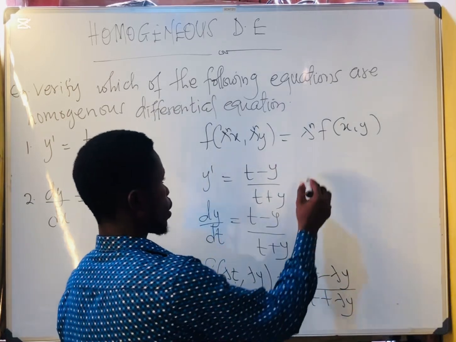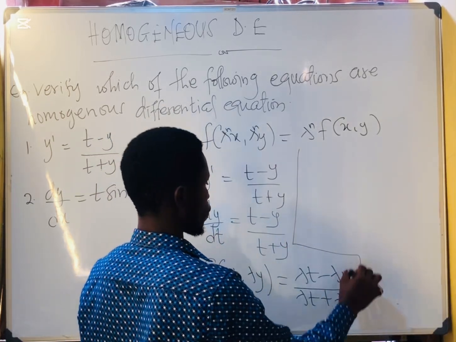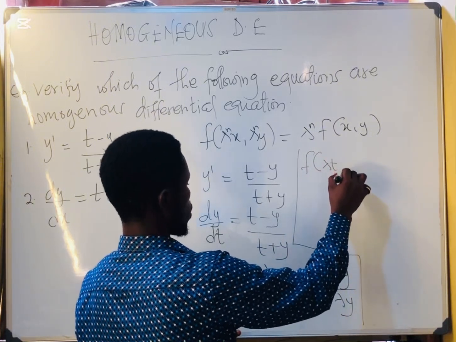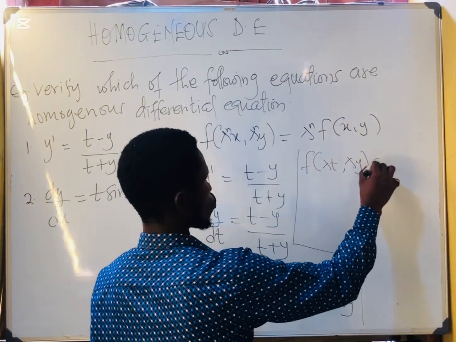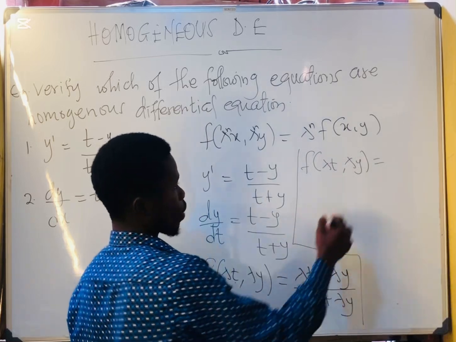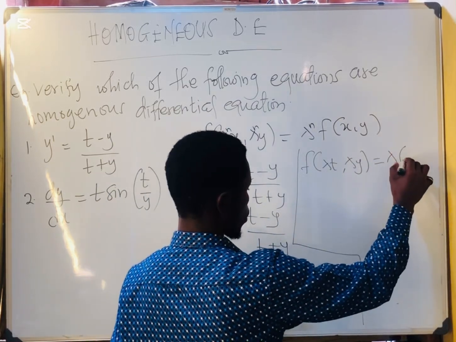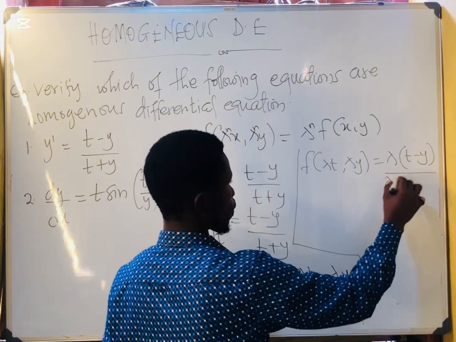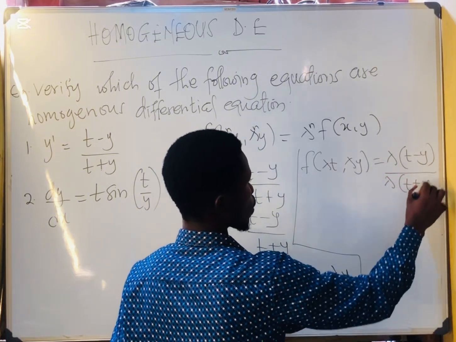With this, we are going to have f(lambda t, lambda y) equal to, so this lambda and lambda come out, lambda bracket open t minus y, all divided by lambda bracket t plus y.